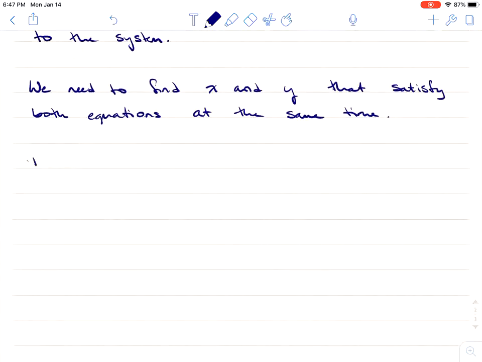There are two common methods for solving systems of equations.